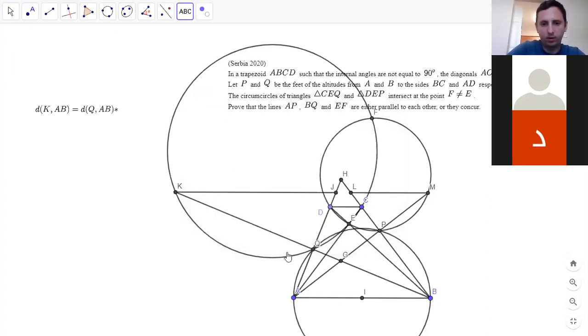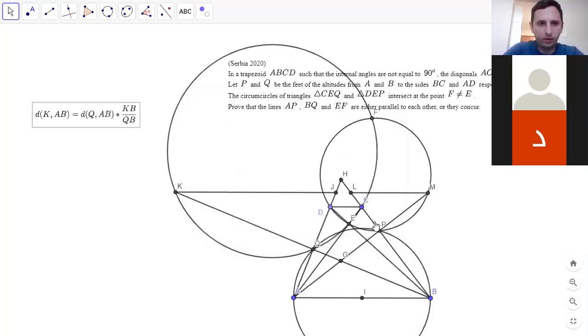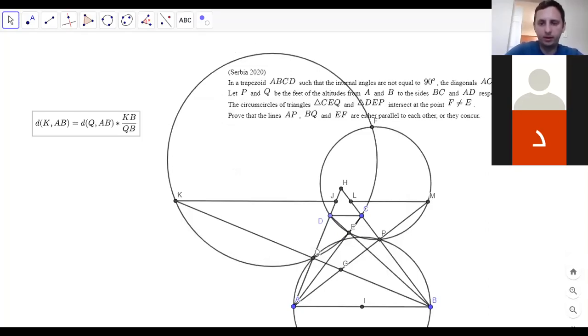Actually, yeah, KB over QB. So yeah, this might get a little messy, but the distance from N to the line AB, or M to the line AB, yeah.